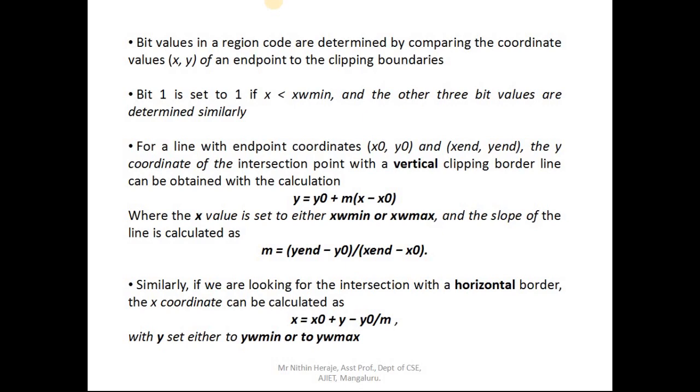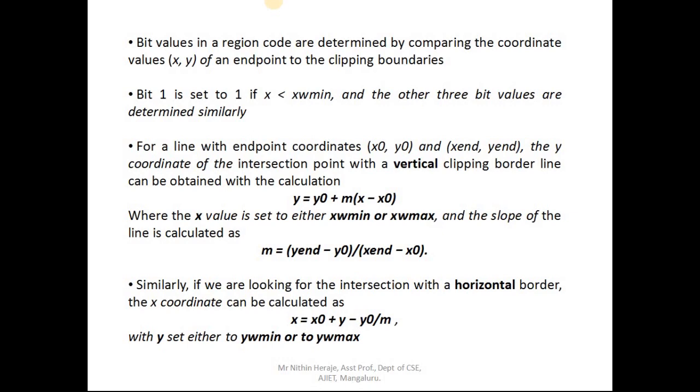For a line with endpoint coordinates x naught, y naught, and x end, y end, the y coordinate of the intersection point with the vertical clipping border can be obtained with the calculation y equal to y naught plus m into x minus x naught. Kindly note down this formula because this is an important one.